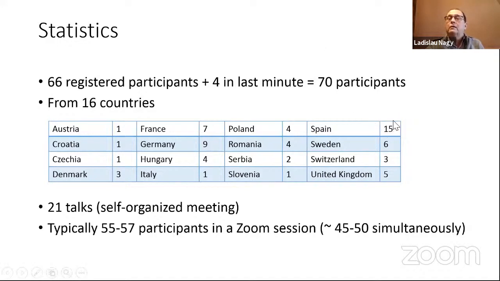You can observe that Spain is the champion: from Spain we have 15 participants, from other countries, less than 10. But 16 countries, all European countries, of course. COST is mainly a European network. We had 21 talks from people in different positions, from PhD students to full professors.